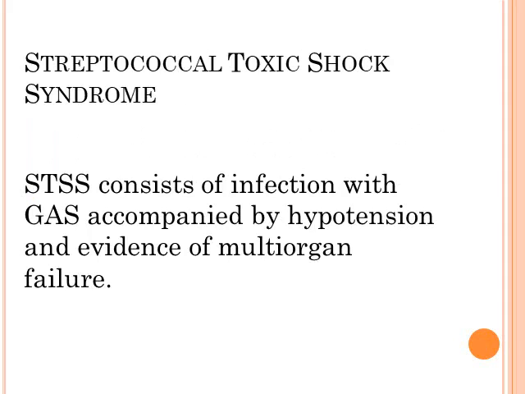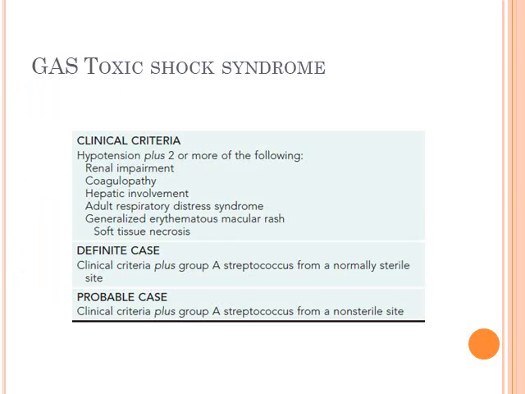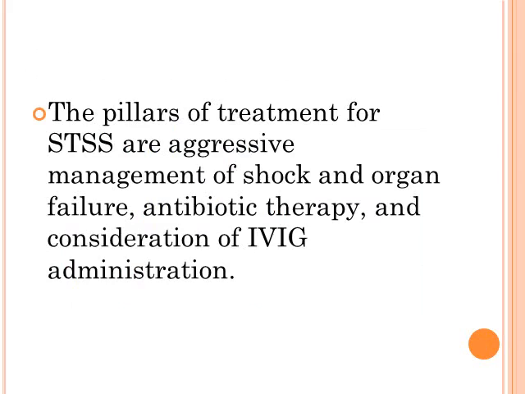Streptococcal toxic shock syndrome consists of infection with group A streptococcus accompanied by hypotension and evidence of multi-organ failure. This is the clinical criteria to diagnose toxic shock syndrome. The pillars of treatment are aggressive management of shock and organ failure, antibiotic therapy, and consideration of IVIG administration.